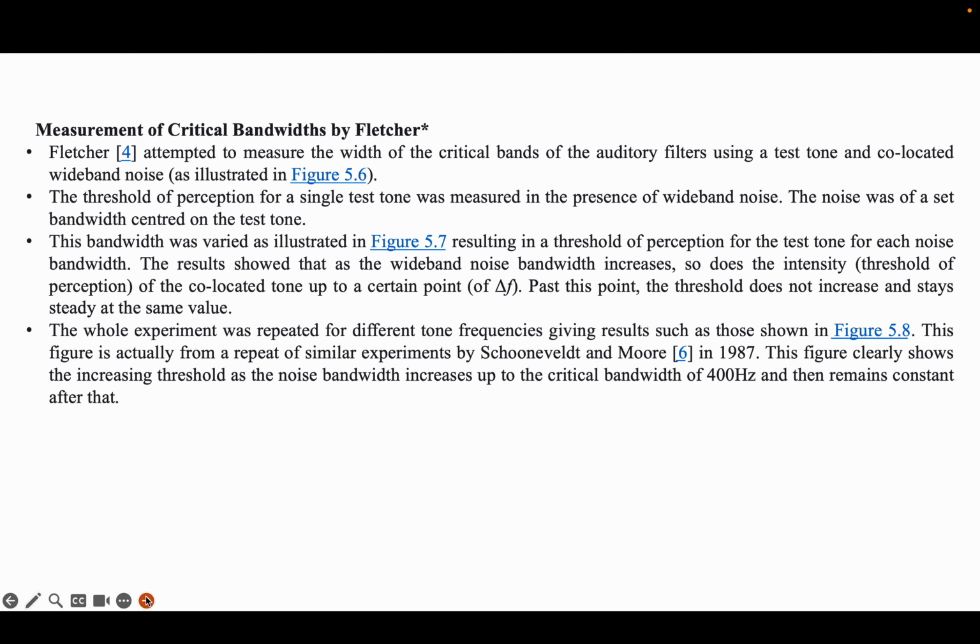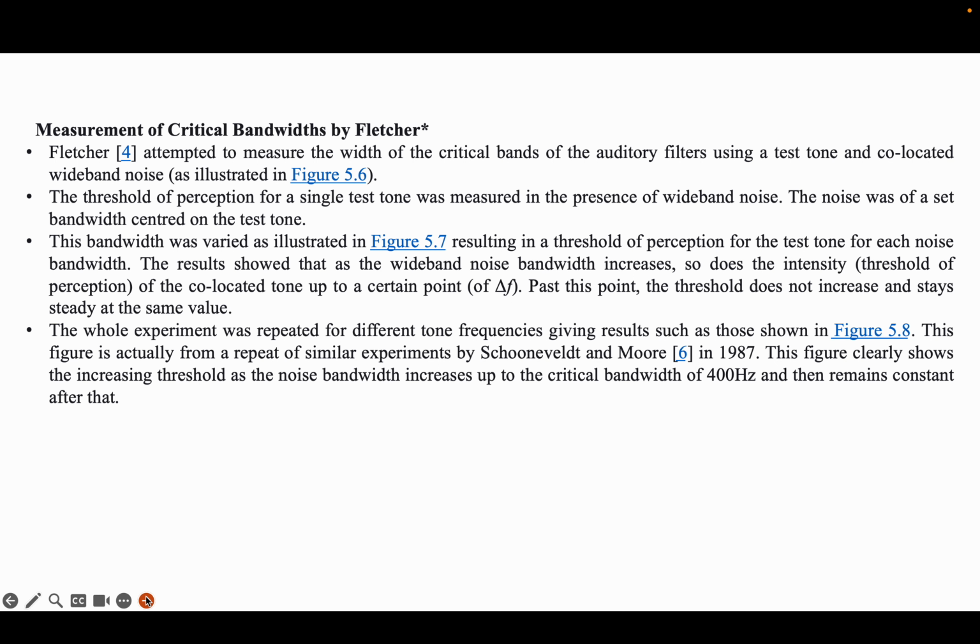Now, what happens is, as the bandwidth of the noise increases, so does the intensity of the threshold of perception of the co-located tone up to a certain point. Past that point, this threshold does not increase and stays steady at the same value. And so this was done for frequencies across the human hearing threshold.